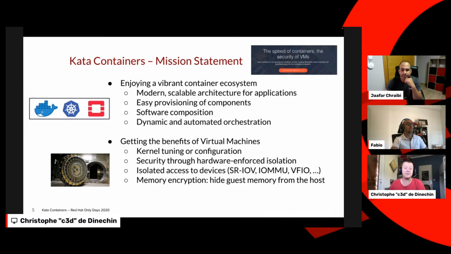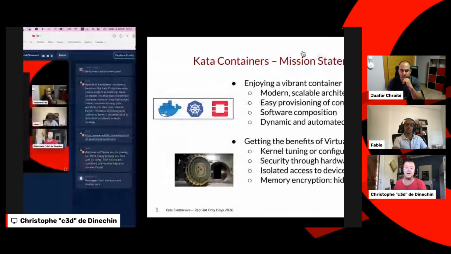And in the future, and that's the confidential containers approach, we can benefit from things like memory encryption, where you can completely hide your guest memory from the host. That's essentially the kind of benefits that we can get from doing things this way.